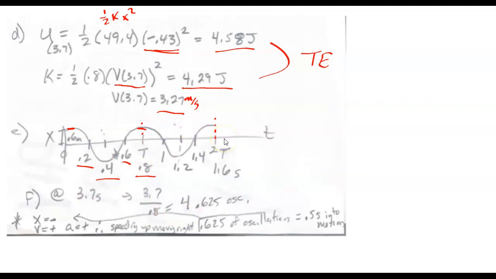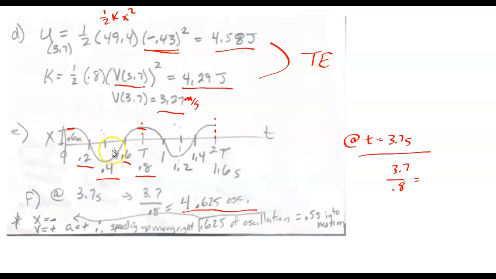Then it asked you to discuss what was happening at 3.7 seconds. So describe the motion at 3.7. To figure out how many times we've oscillated at that point, we take 3.7 and divide by 0.8. So it's 4.625 oscillations that we've done.